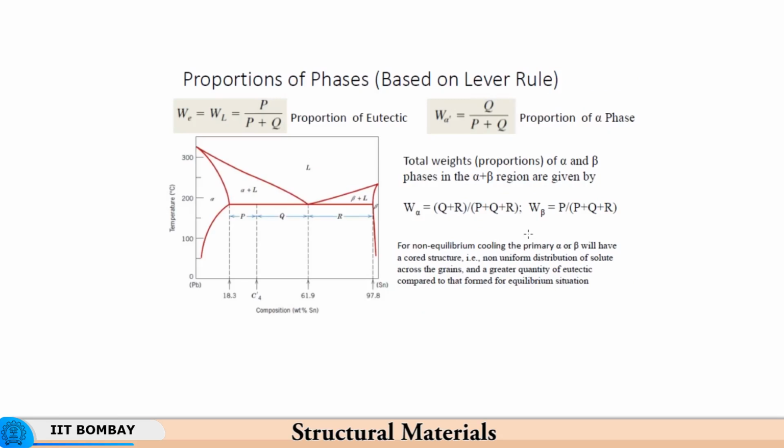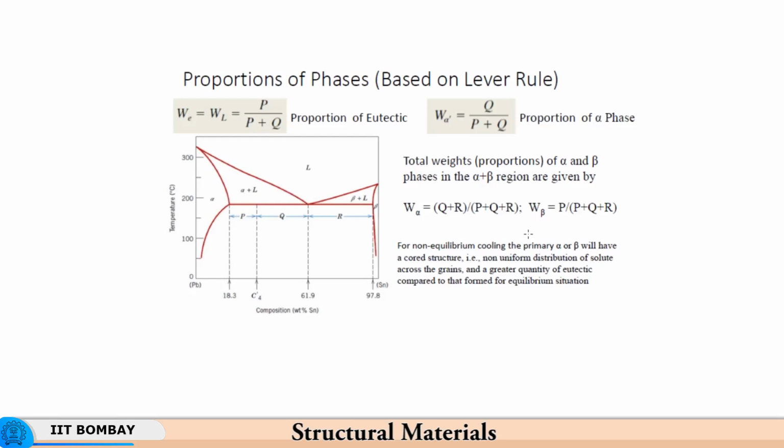Now, this lever rule is a very important tool as you go on cooling the material with C4 as the chemical composition, that is, in this case the solute is tin, which is added to the extent of C4 here. Then here you have what is called pro-eutectic alpha that has been formed. So, from liquid you have alpha already formed.